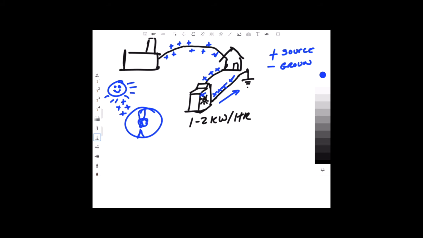Planet Earth is negative, so we've got negative here that goes to the ground. So when we think in terms of making electricity, we want to push positive electricity, and then we want to pull negative. So it's a push-pull type of environment.